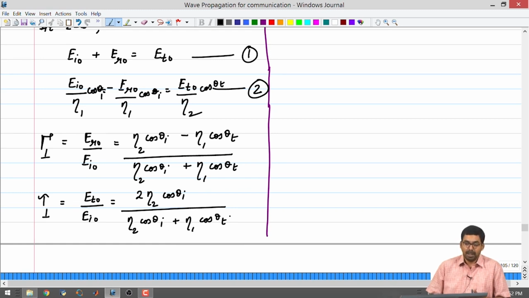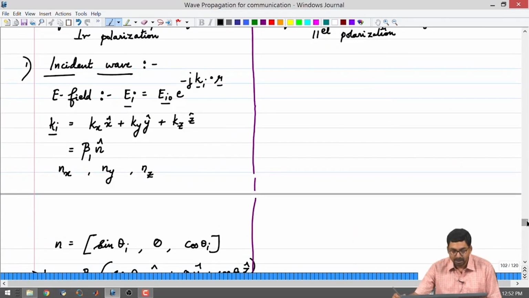Specifically, you should be able to tell the value of the electric field that is transmitted and reflected, given a configuration with incident electric field. We can always go back and start filling the right hand side for each of these, and we will do it in the next class, and then we will start comparing the left and the right hand sides, and we will also see some conditions.